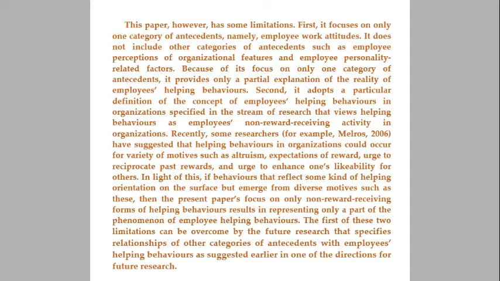Right, so the last sentence reads, the first of these 2 limitations can be overcome by the future research that specifies the relationships of other categories of antecedents with employees' helping behaviors, as suggested earlier in one of the directions for future research.